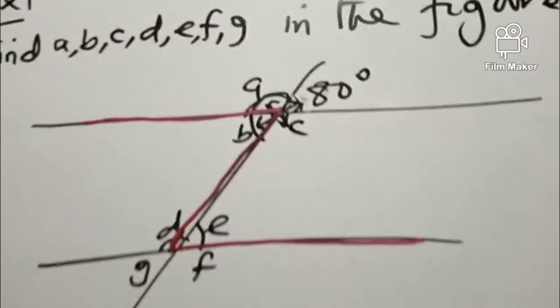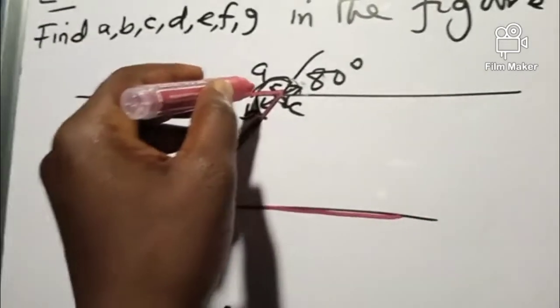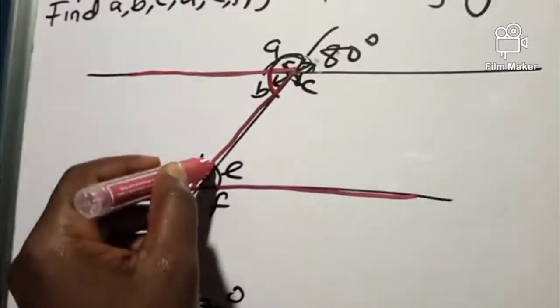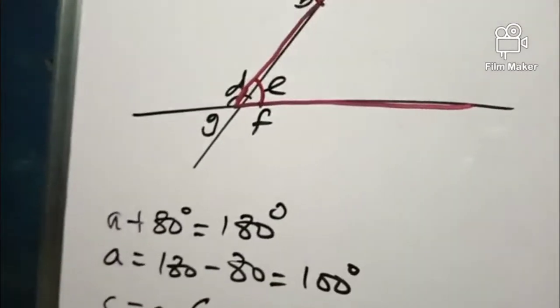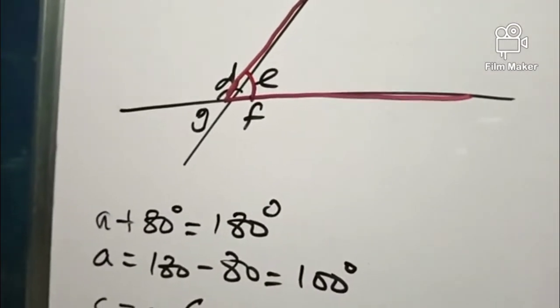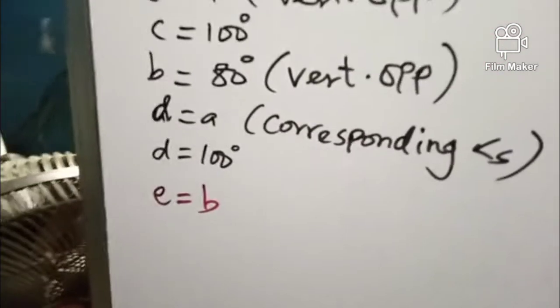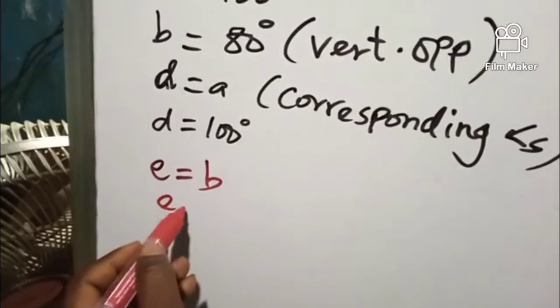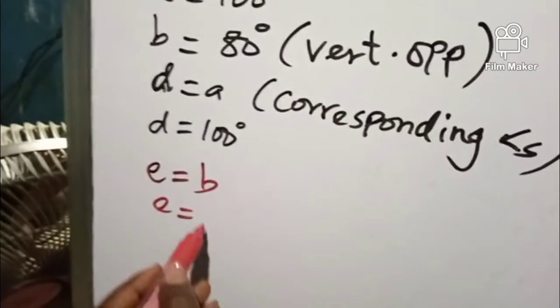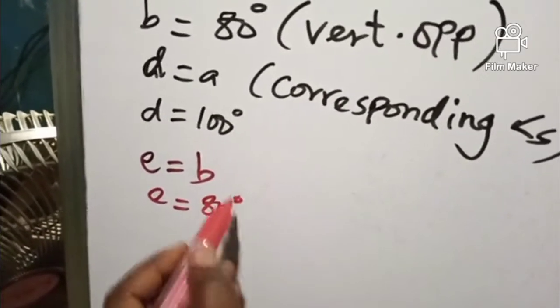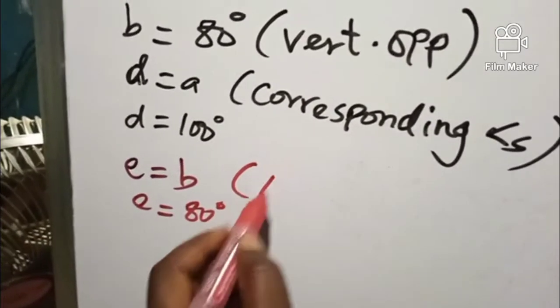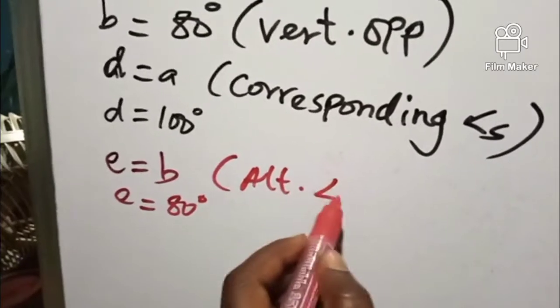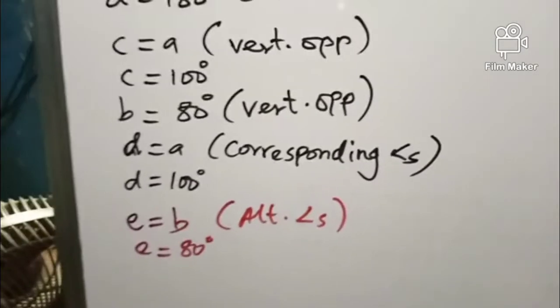You can see the Z. Now, angles that form a Z, we call them alternate angles. That means B and E, they are alternate. Then E will be equal to B. The value of B is 80. That means E is equal to 80 degrees. Reason, alternate angles, because alternate angles are equal.